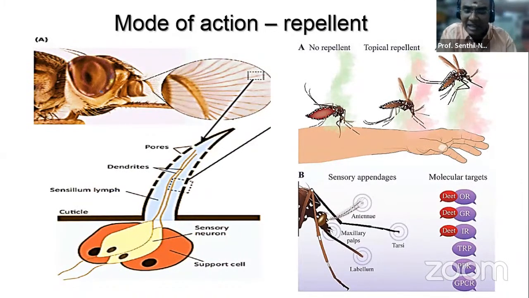It cannot respond to that particular smell. Especially the sensilla, through which it inserts the proboscis into the skin: the insect is unable to locate a particular point because the sensilla is not ready, once it is affected by the aromatic smell of that particular plant material.